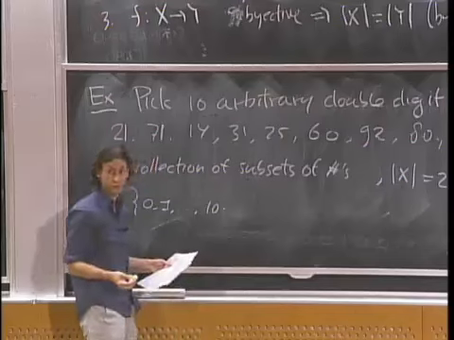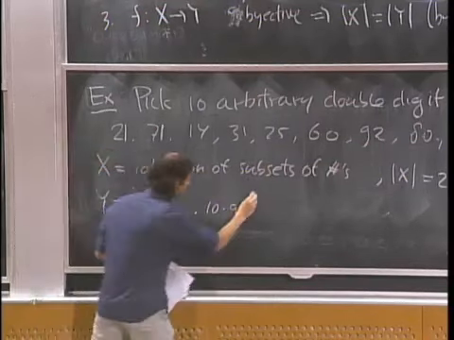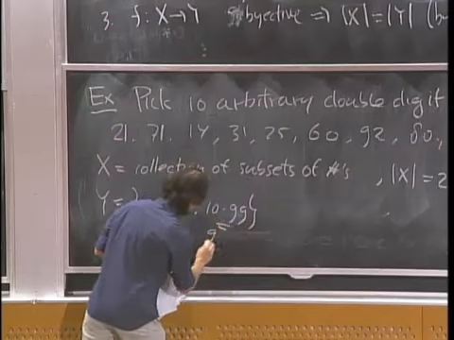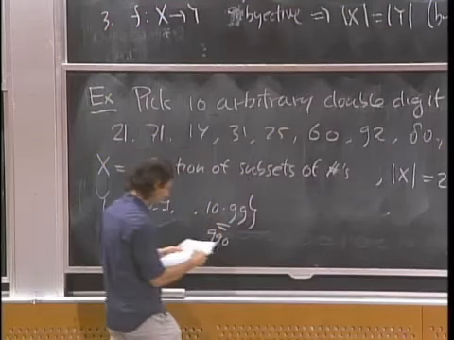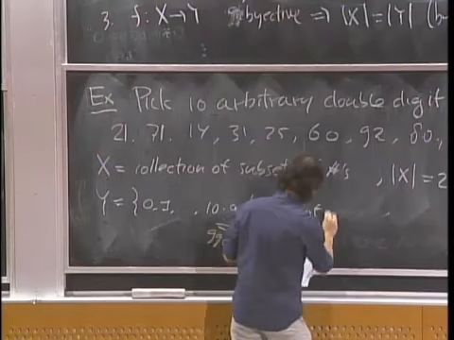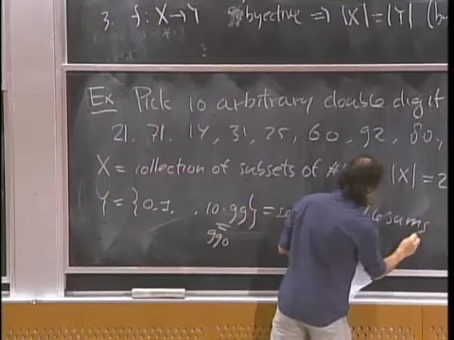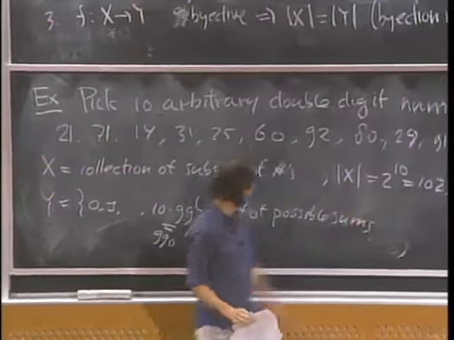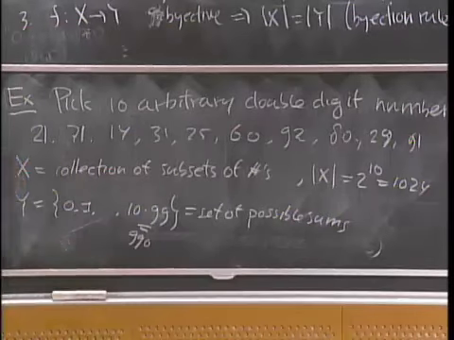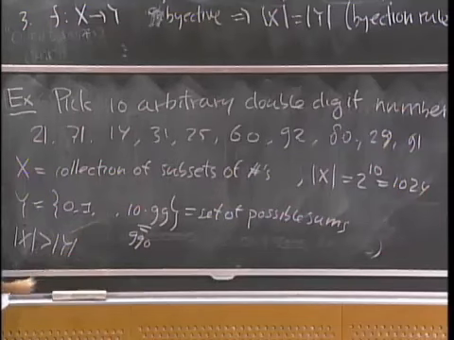And they are double digits, so at most they are 99. So I know that this set is really the set of all possible sums. Now we know that 1024 is more than 990, so the cardinality of x is more than the cardinality of y.